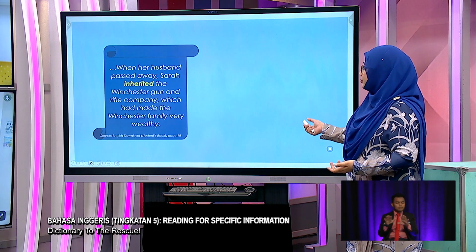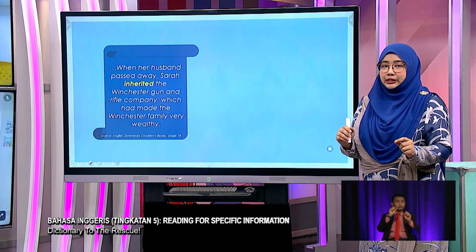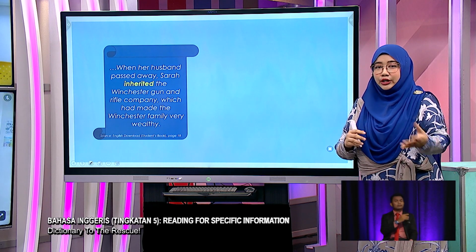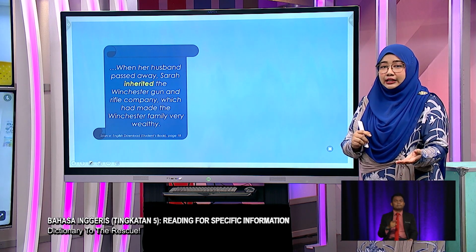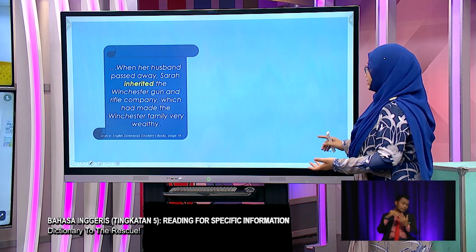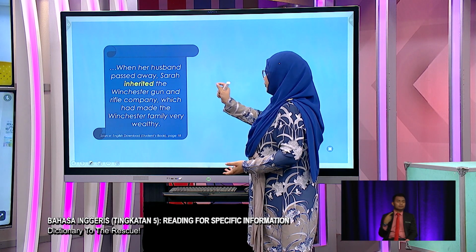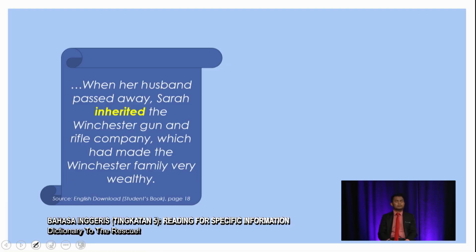What we can do is infer the meaning from context. What do I mean by that? We can make an intelligent guess of what the word means. For example, we have the word inherited. We refer to the sentence before it, which is when her husband passed away. It means that Sarah's husband died.